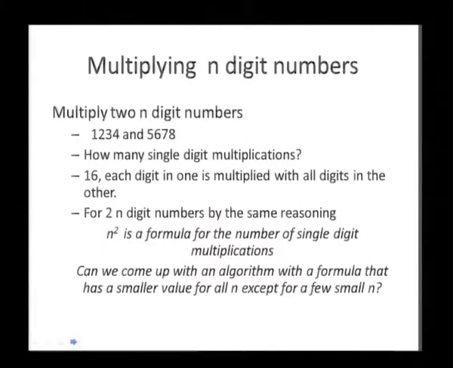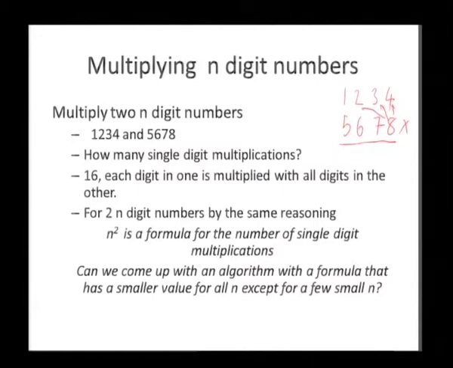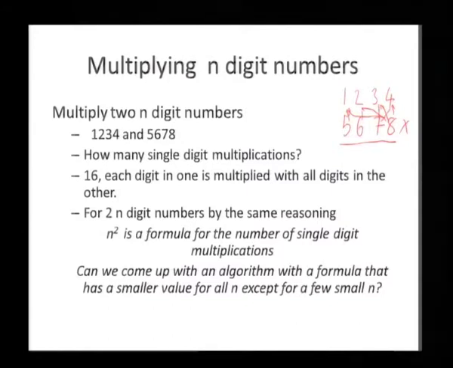Both of them are 4 digit numbers, and the straightforward high school multiplication approach is to write down 1234 and 5678, and now observe that 8 has to be multiplied with each of these 4 digits, then 7 with each of these 4 digits, 6 with each of the 4 digits, and 5 with each of the 4 digits.